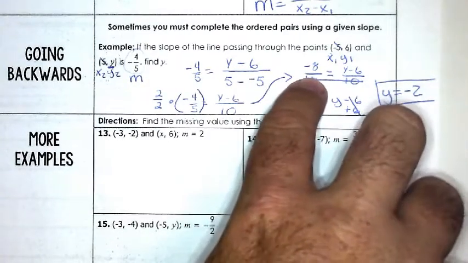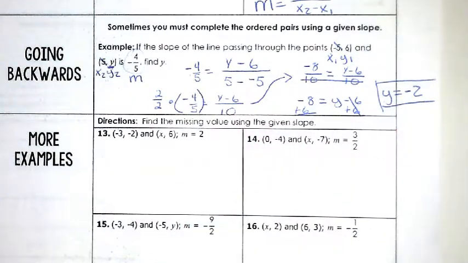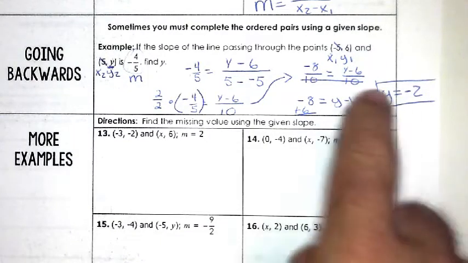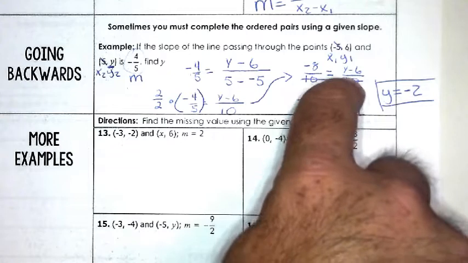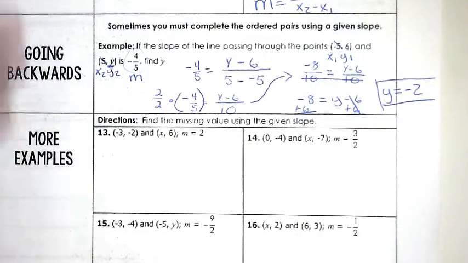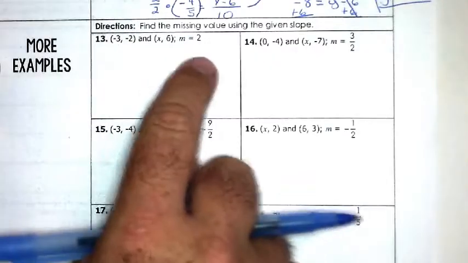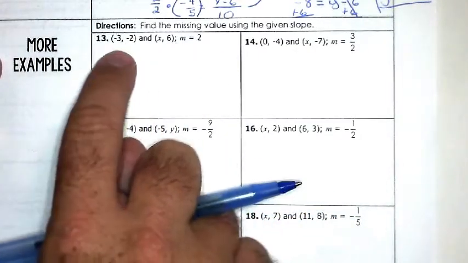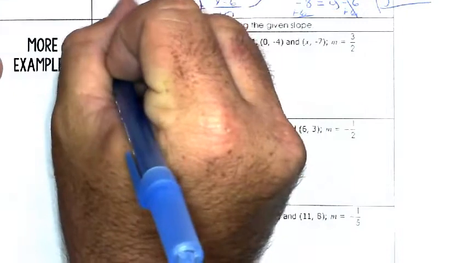I'm going to do one more example on this one, and then I'll let y'all go. Okay? So here we go. I have a slope of 2, and I have my ordered pairs. Again, the first ordered pair I'm given, make that your x and y1. The second ordered pair I'm given, x and y2. This problem, I'm solving for an x this time. I solved for a y in my first example. Now I'm solving for an x.